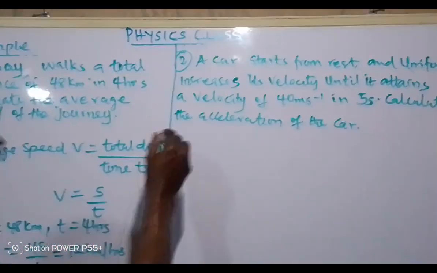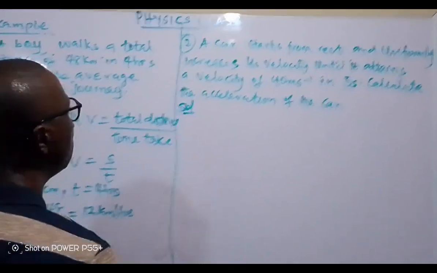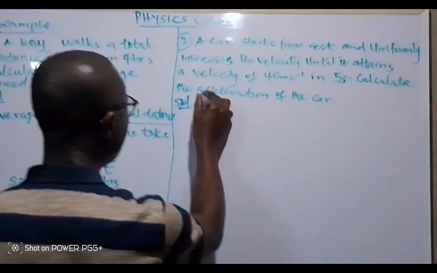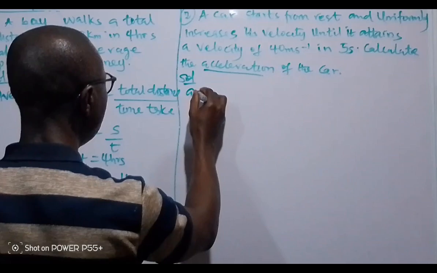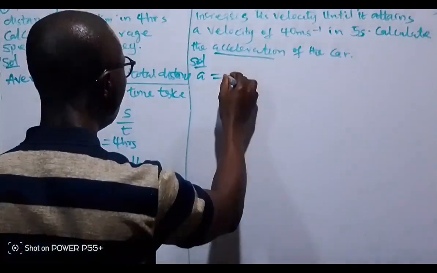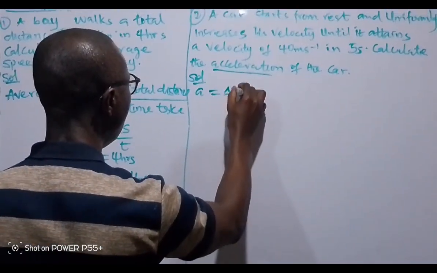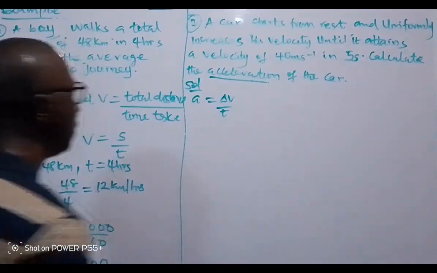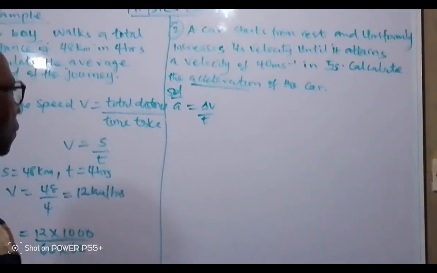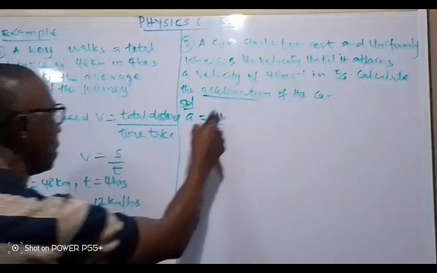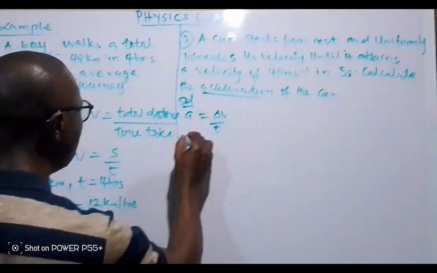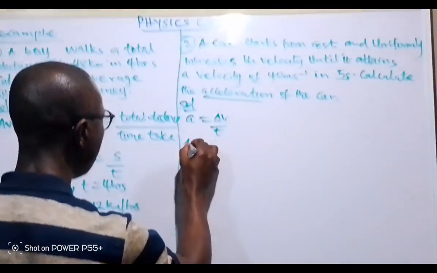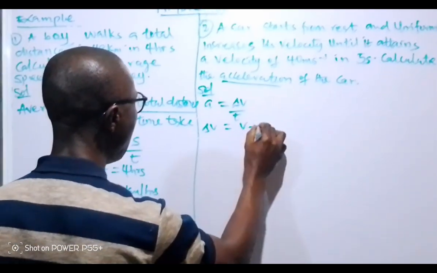Solution: we have to calculate acceleration, and as we know, acceleration A is equal to increase in velocity over time taken. Don't forget, A is acceleration, delta V is increase in velocity, and delta V is equal to V minus U.